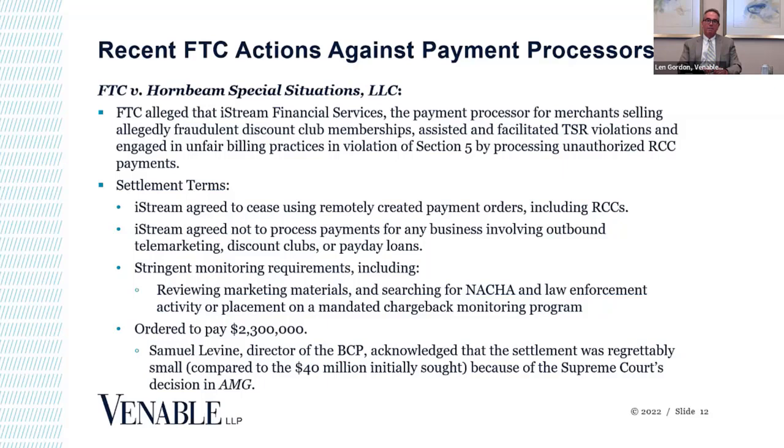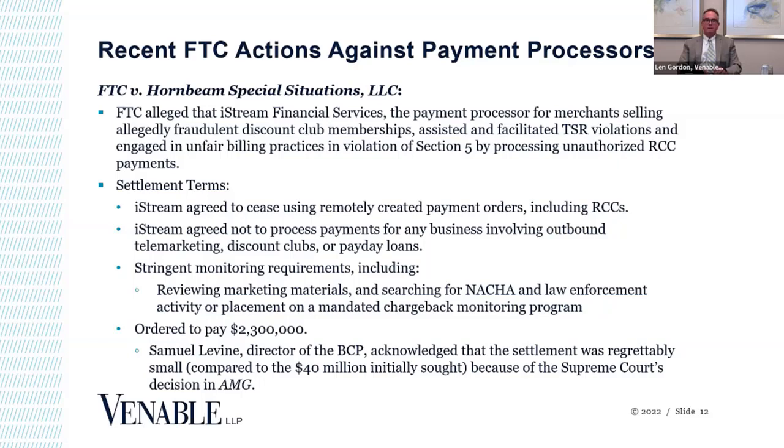and if they're going to continue to process for that particular merchant, they have to have something in writing which explains by clear and convincing evidence why the issue that was triggered in the screening does not, in fact, indicate that the merchant is acting in either an unfair or deceptive manner.